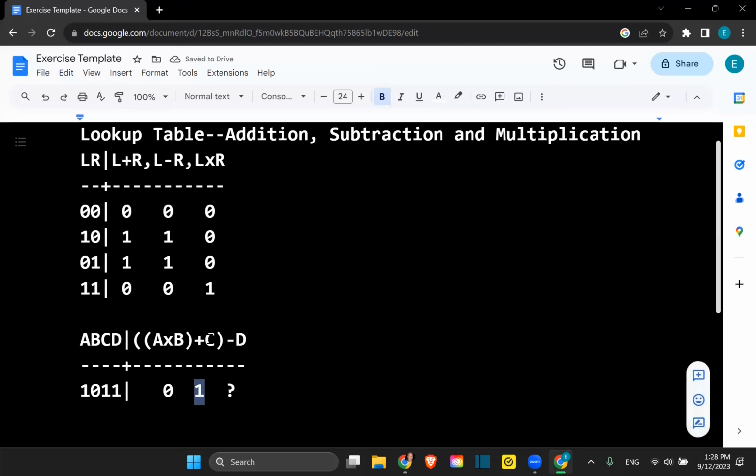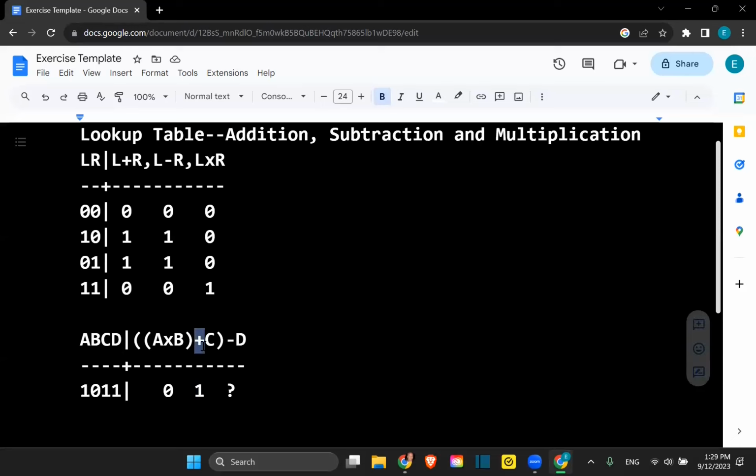Notice how I'm lining up these values right under these operations. So we evaluate the operation of addition. We had this answer, and so right under the addition, I put the answer from the lookup table.